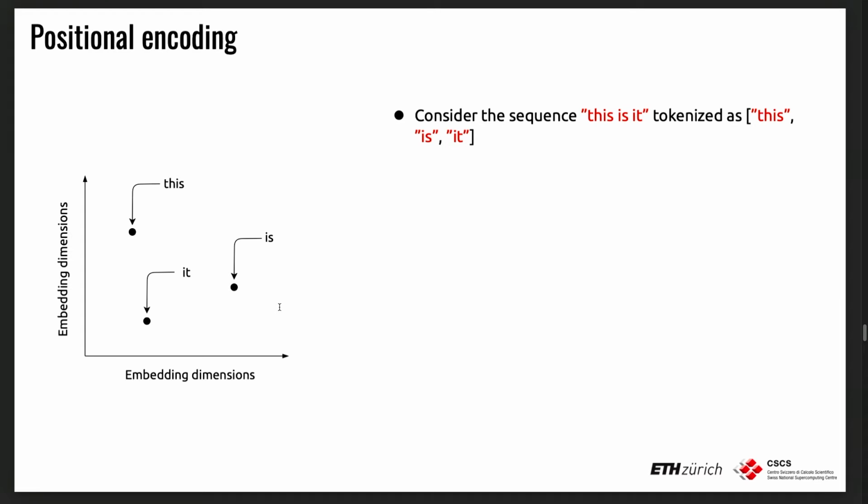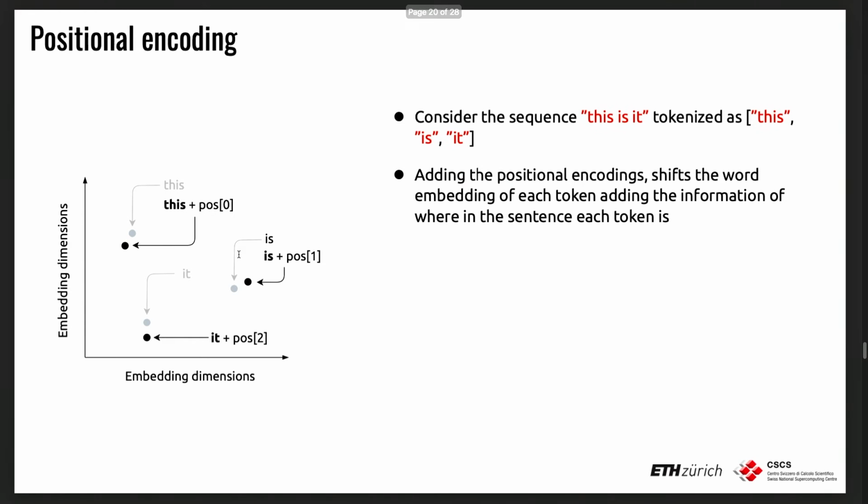To give them information of where in the sentence they are, there is this set of vectors that are positional encodings, and you can see them also as embeddings, but of positions. So there will be one vector that is always added to the word in position 1, another vector that is added to position 2, and so on.